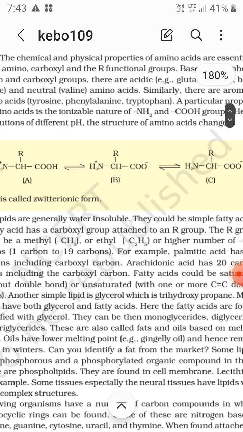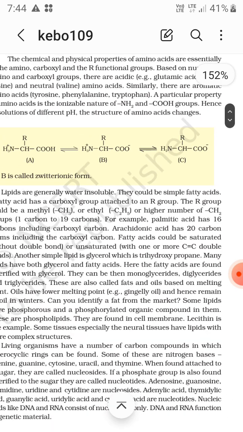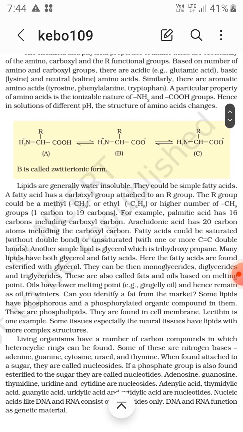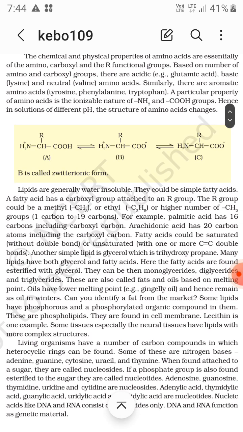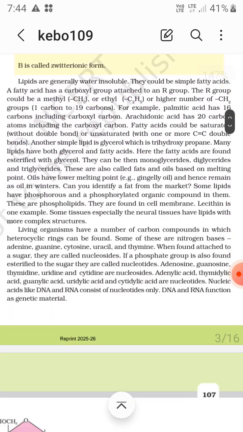Both in the ionized form, and then the third is NH2 COO negative. B is called the zwitterionic form, right?